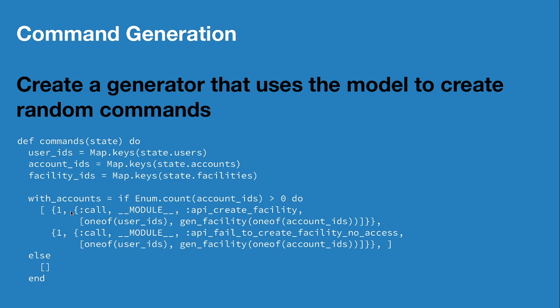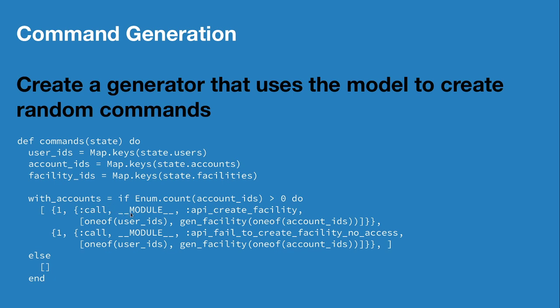Now, a lot of this will seem a bit overbearing, but let's talk it through with this first line where it has API create facility. First of all, we've got a number 1, and we're using that as a weighting. So we can put a 10 there, and it'll be 10 times more likely than anything with a 1, and that gives us a bit of a probability weighting for the system. The call is always like that because it's a function call.